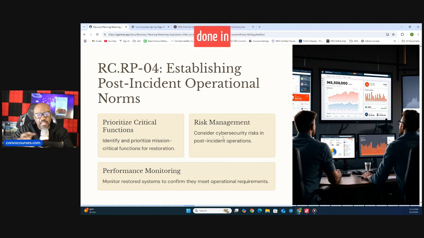This is something that's done in many of the more robust frameworks, where they take the time to say, okay, we need a control that forces the organization to say, here's our mission. This is what we do. And this is critical. It's really important that leadership understands what their main moneymaker is versus all the other supporting tasks that are going on. So that's what we're talking about when we're talking about prioritizing critical functions.